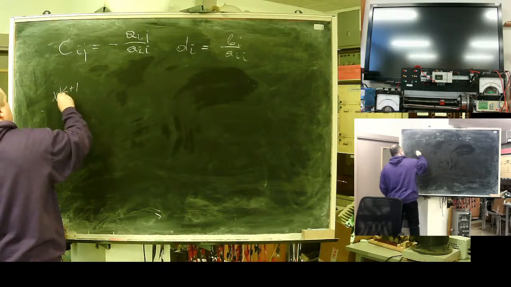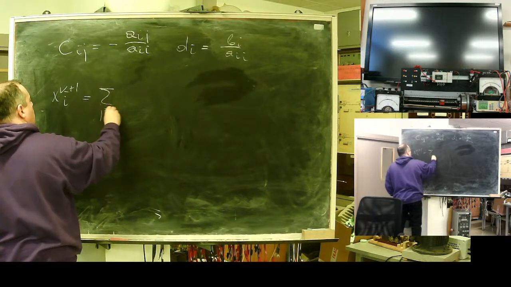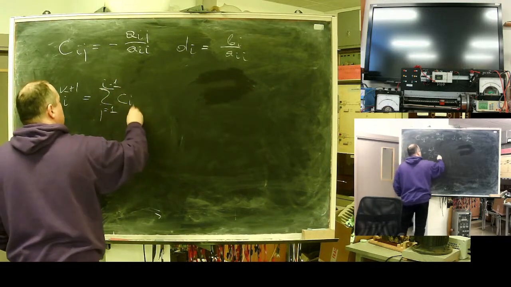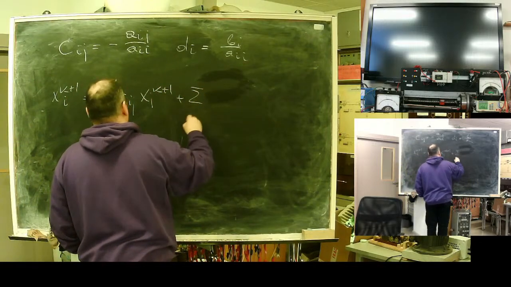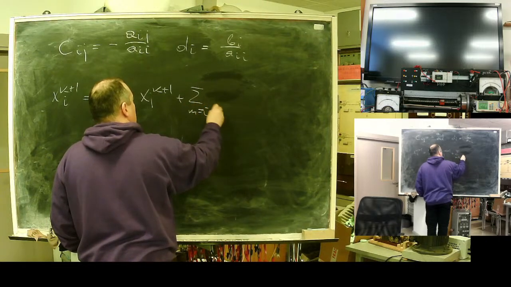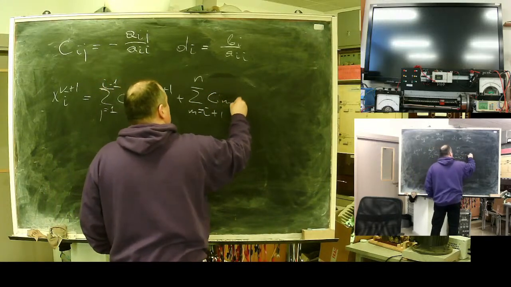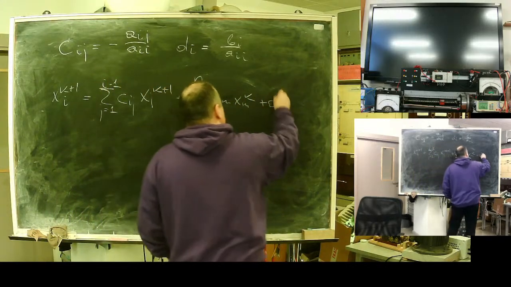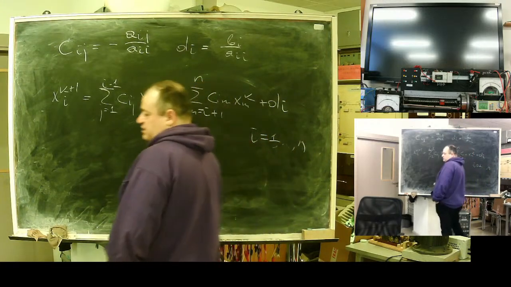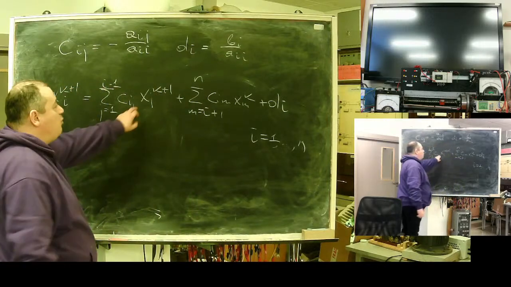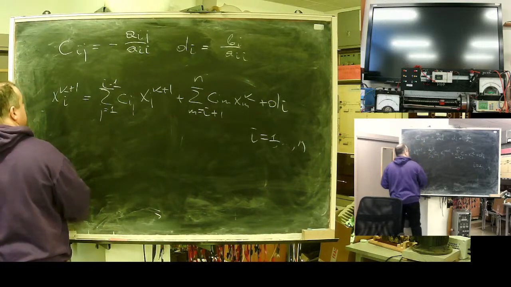X next is the sum from 1 to i minus 1 of C times X next, plus the sum where, let's say, m changes from i plus 1 to the number of equations, of C times X previous, plus d i, for all i starting from 1 and ending with the number of equations. We can modify this to our purpose.